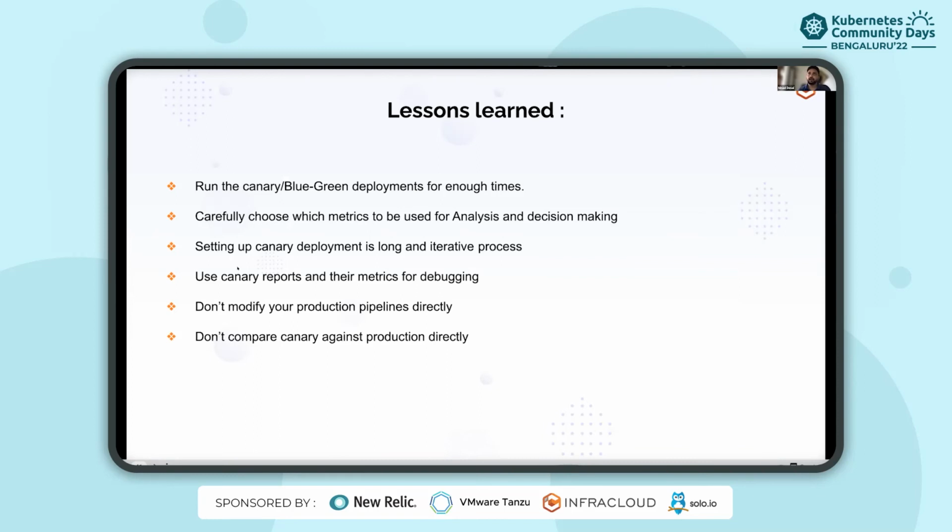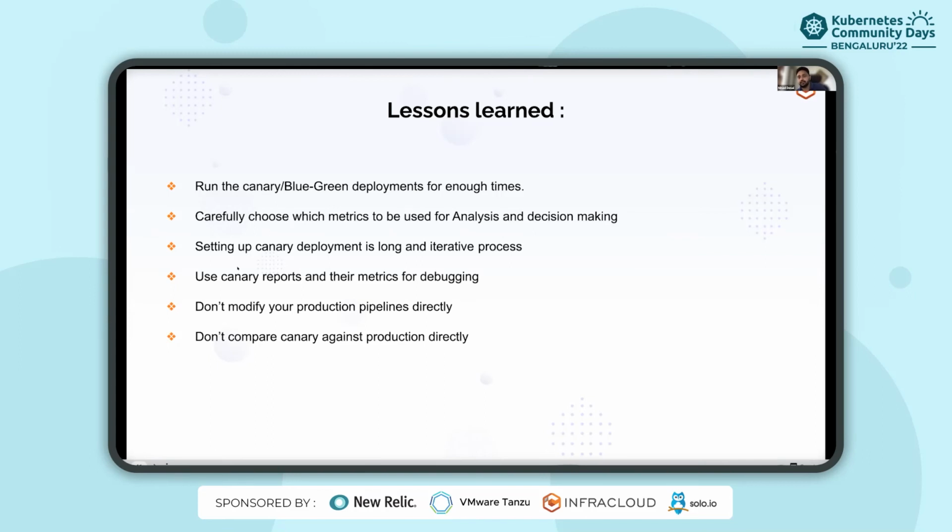Based on what I have seen, companies keep it running for a long duration, maybe a day, and you can keep your older version running as well. Second and most important, carefully choose metrics when you are doing auto promotion or auto analysis. That metric should be the right one for decision making.